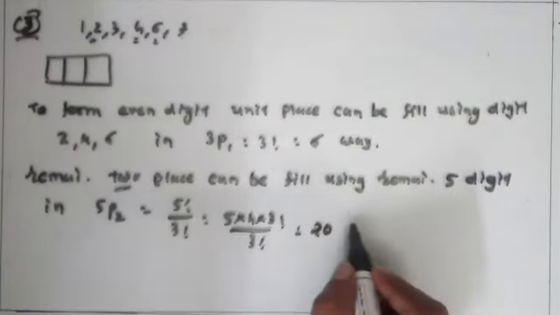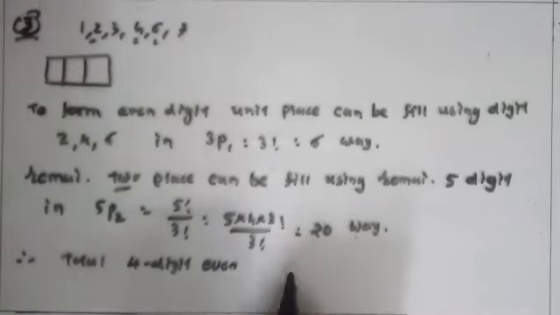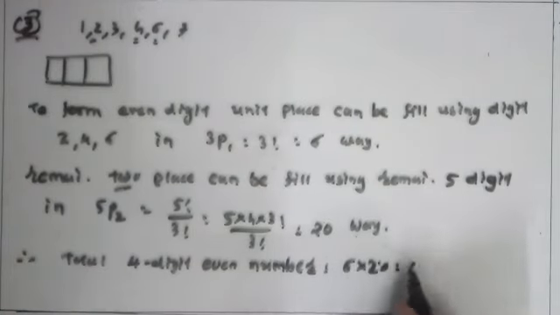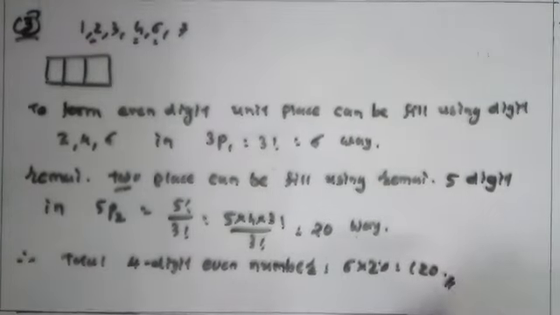Therefore the total 4 digit even numbers is equal to 6 into 20, which is equal to 120. Clear?